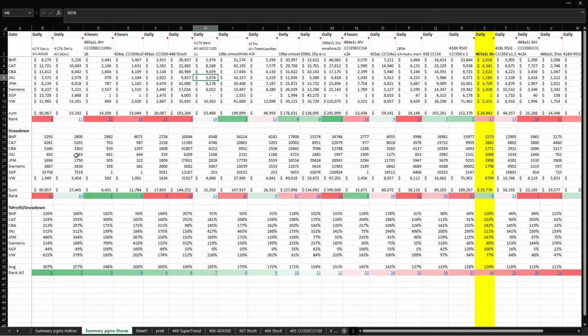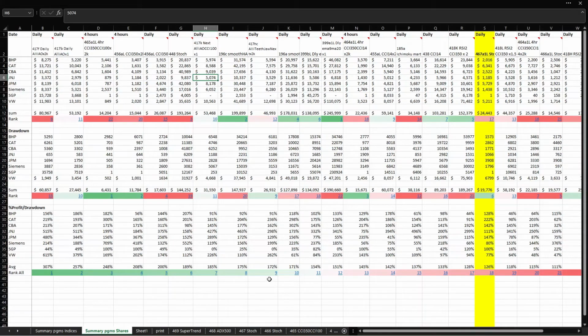So the revenue, the drawdown, and then lastly, the profit over drawdown percentage, which is simply the revenue divided by the drawdown. This is where you can see the highlighted area is what we've tested today, this stochastic and triple moving average. It's generated 24,443 in revenue over the period, a drawdown of 19,776, and a profit over drawdown percentage of 126.